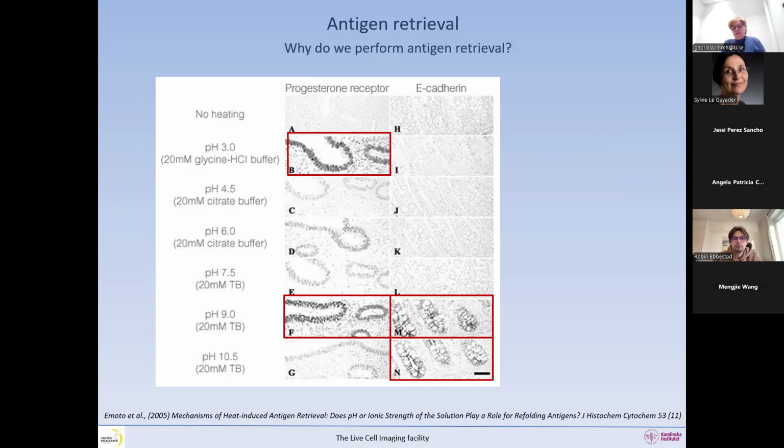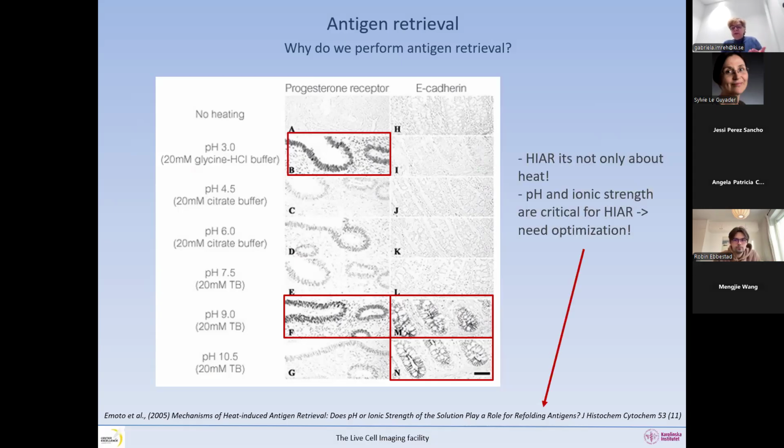It's the same with keratin, neither of the previous, the citrate or glycine buffer, work, and within the TRIS buffer only with a very high pH. So playing a little bit with the pH can make a very huge difference for your antibody, and to unmask the epitopes so your antibody can bind.